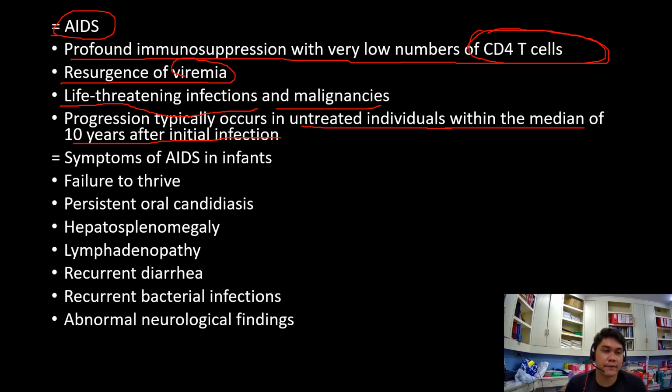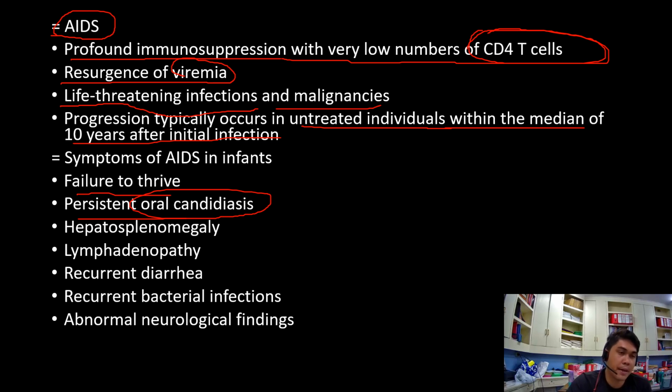Symptoms of AIDS in infants. For those infants with AIDS, you have failure to thrive, meaning the baby is not growing, not gaining weight. Next is persistent oral candidiasis. This is a fungal infection, a yeast infection.